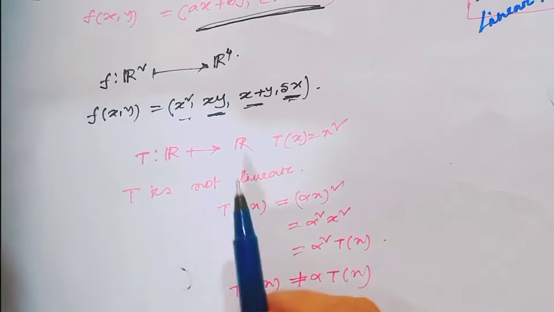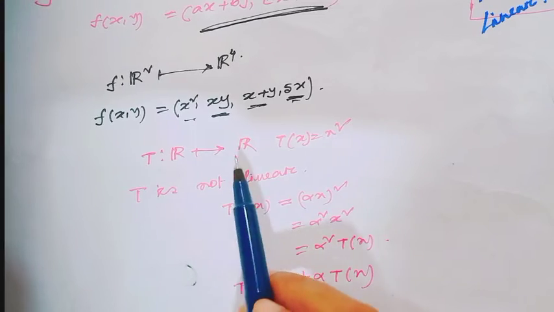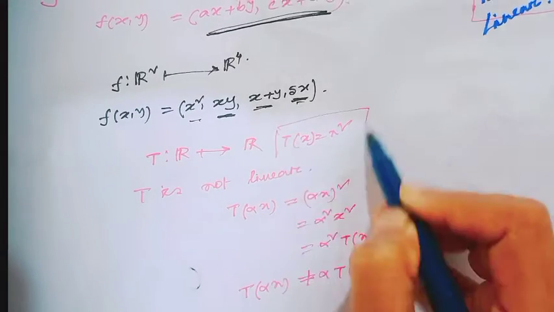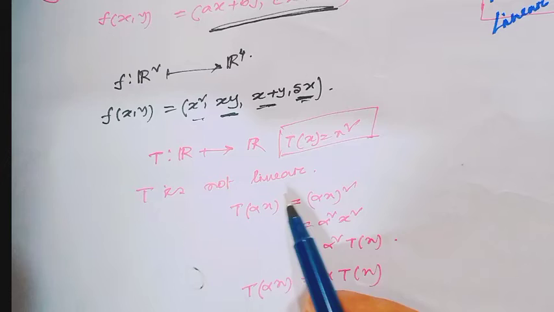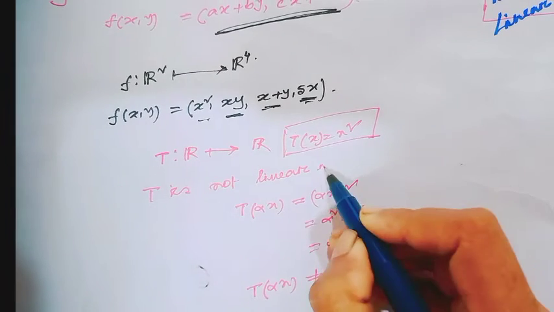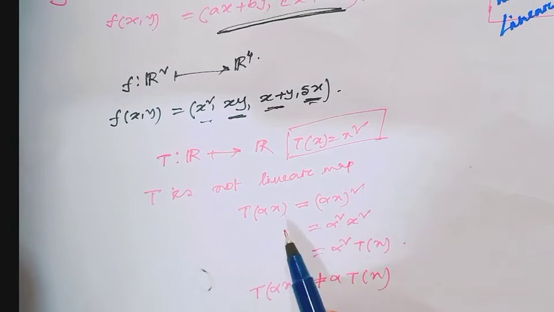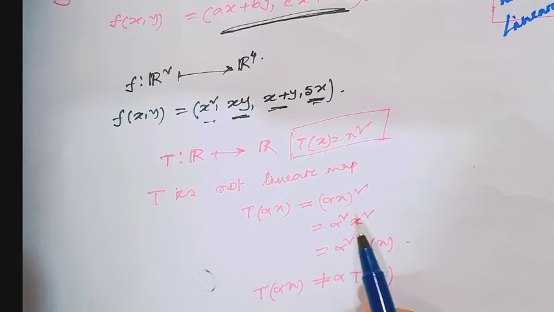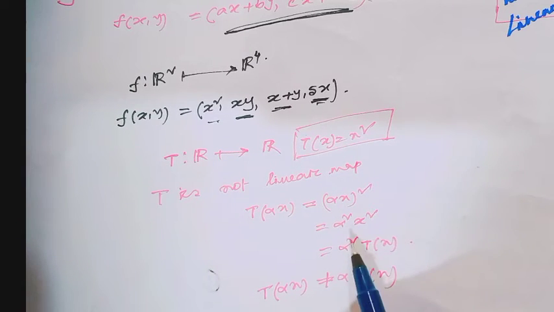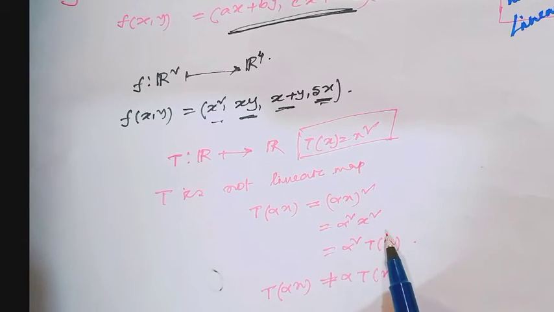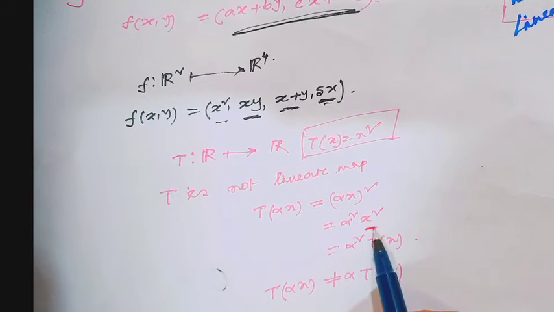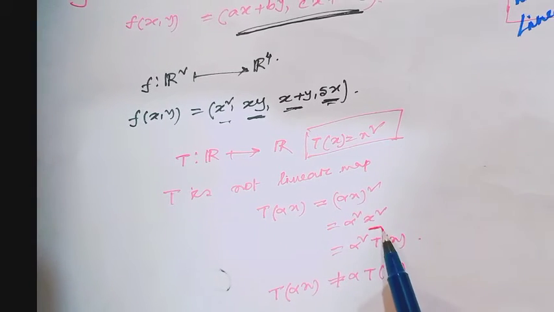For this, if we consider a mapping T from R to R such that T(x) equals x square, then obviously T is not a linear map, because T(alpha x) equals (alpha x) whole square, which is alpha square times x square, and x square means T(x).